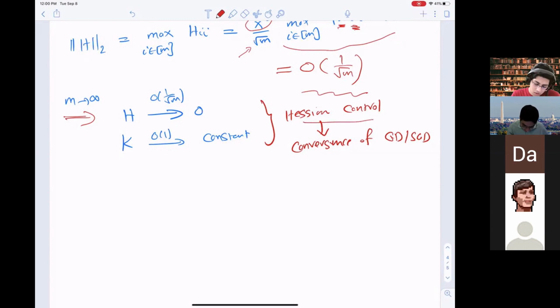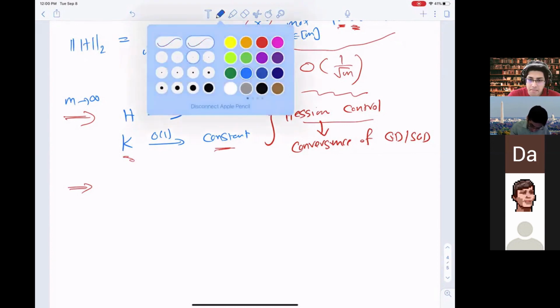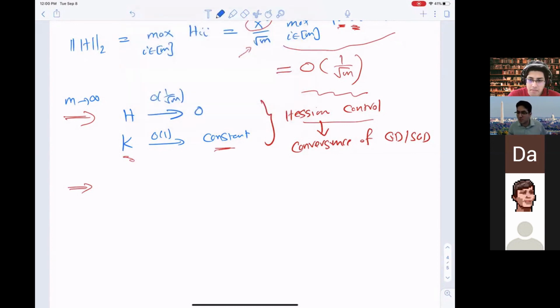Your Hessian approaches zero in very big models, and your tangent kernel approaches something constant. But in fact, what you are arguing here is that in a large model, your model approaches a linear model, right? Because the Hessian is the curvature of your model. When the Hessian goes to zero, it means your model is almost linear.